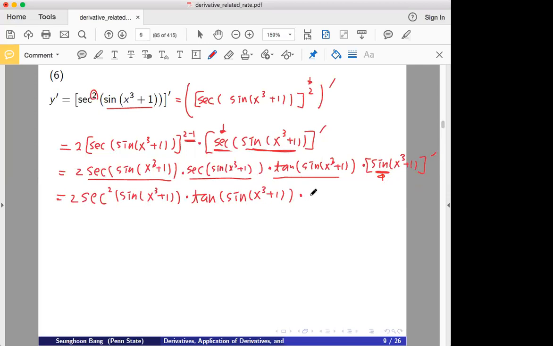Sine prime is cosine of (x cubed plus 1), times the inner function prime again, right? Prime again. So what's that? You can only calculate this one: (x cubed plus 1) prime. What's (x cubed plus 1) prime?